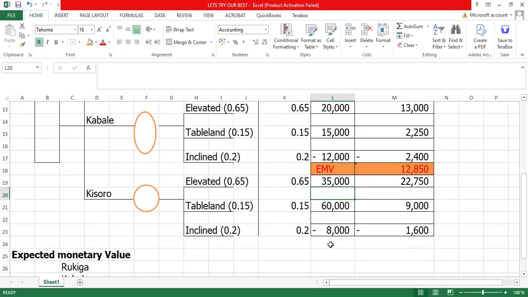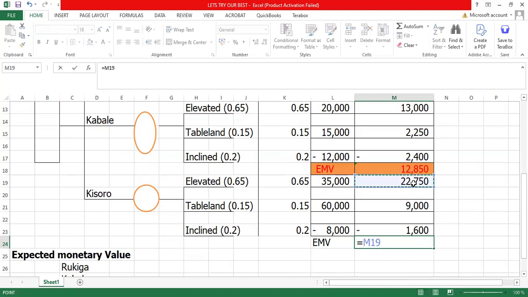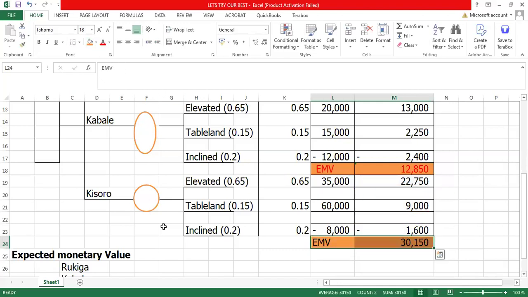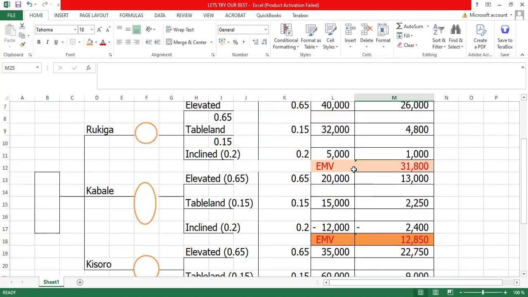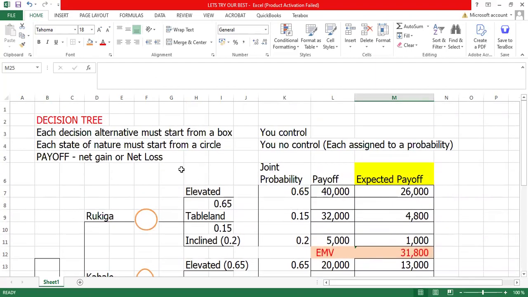Then for Kisoro, expected monetary value will be this plus this plus this. And that's all. When you're in an exam, that's what you're supposed to do, because the examiner wants to see everything on the decision tree.